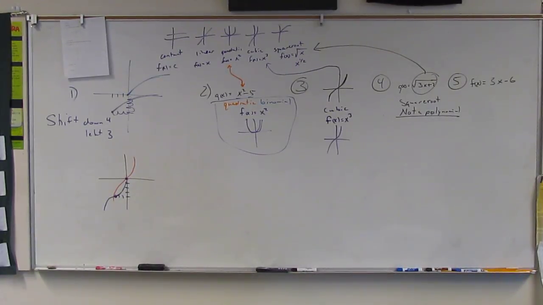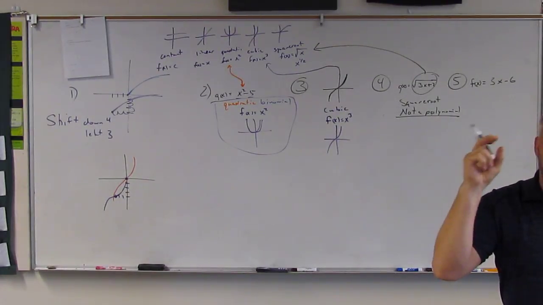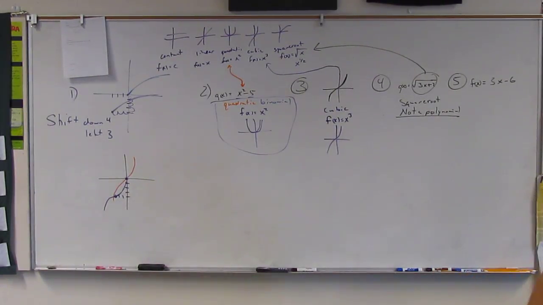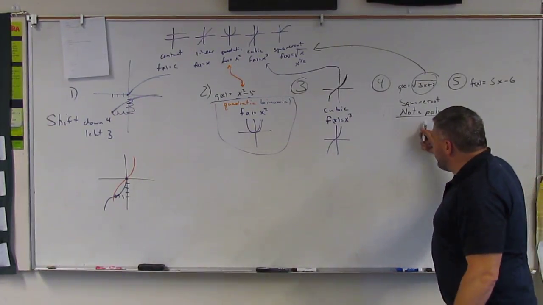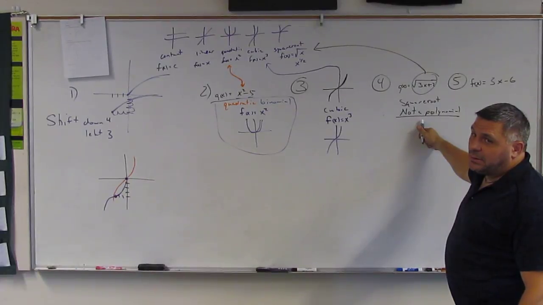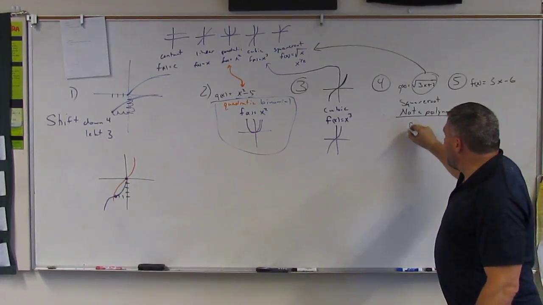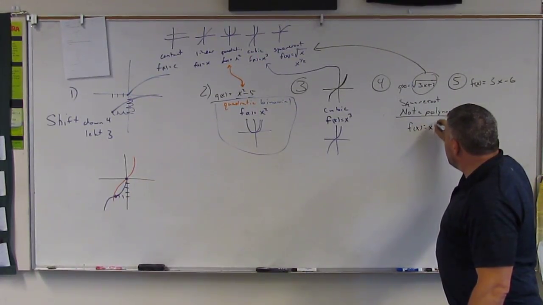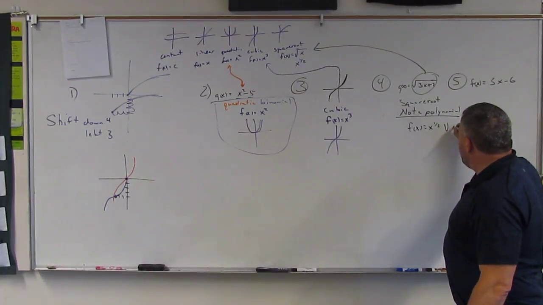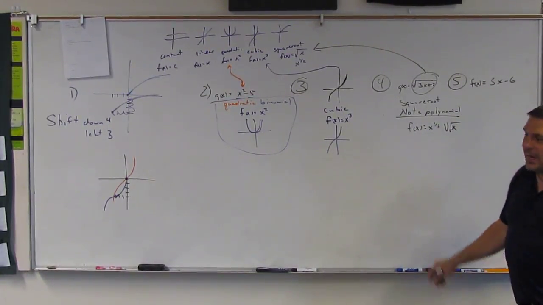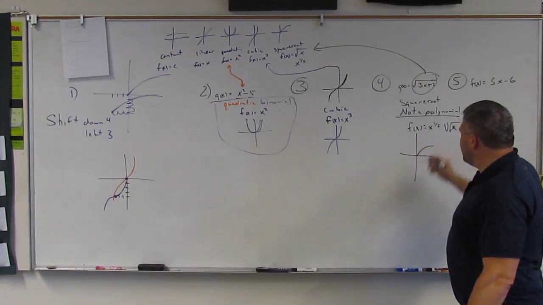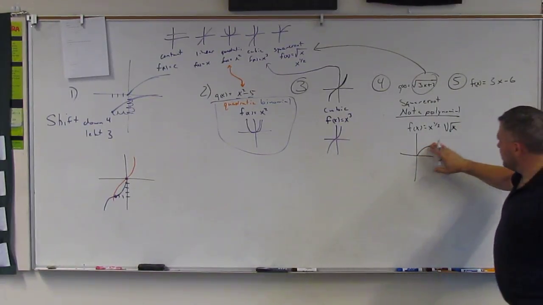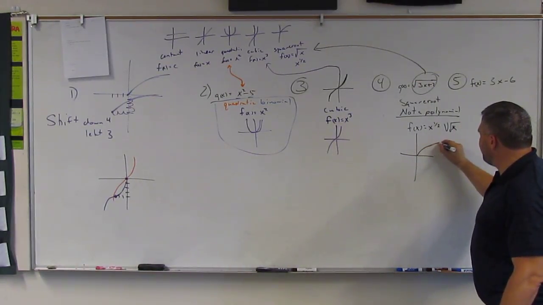Okay? It's the only one that's not a polynomial. A square root. Why? Because it doesn't have a whole number as an exponent. Okay? It's got a half. Alright? So it's not a polynomial. Okay? F of x is equal to x to the 1/2 or x square rooted. And it looks like this. Okay? Well, a little bit more like that. Okay?